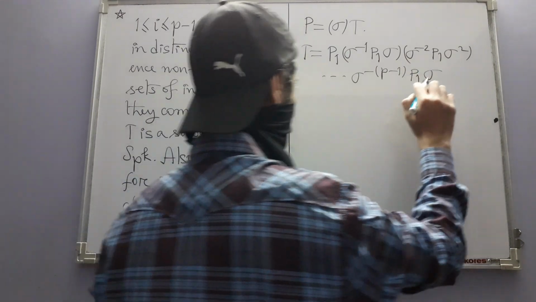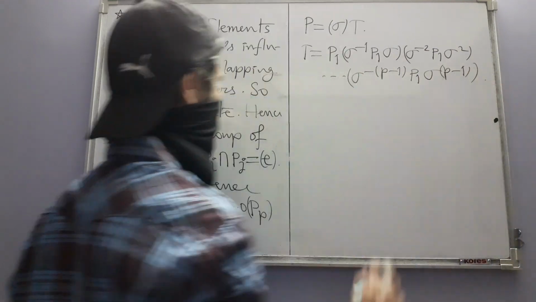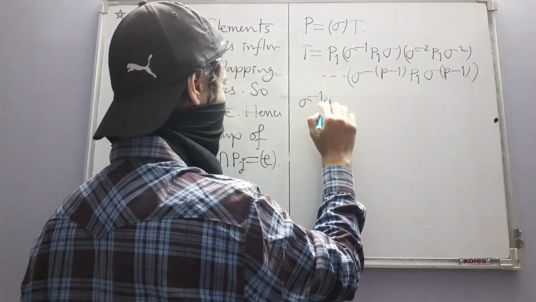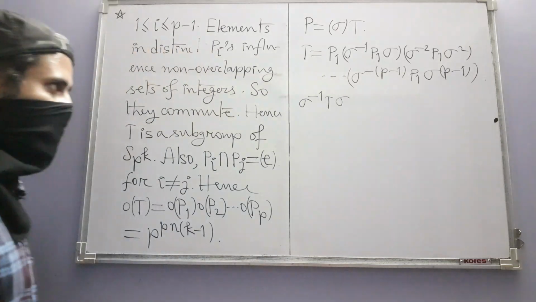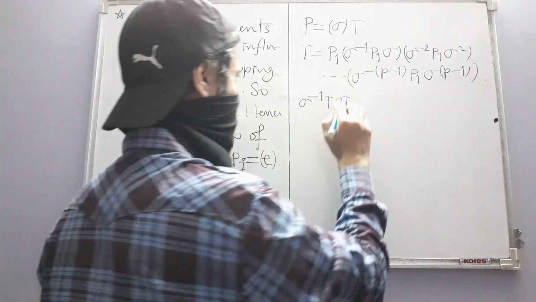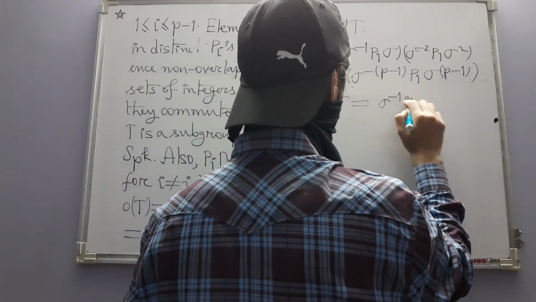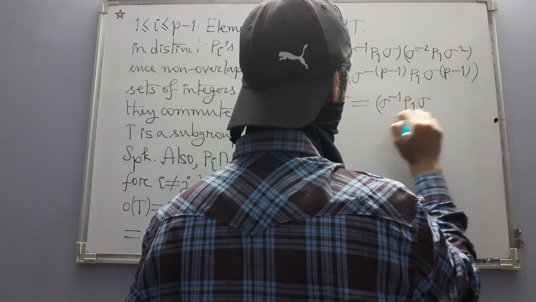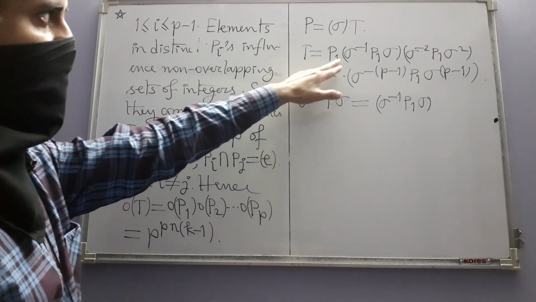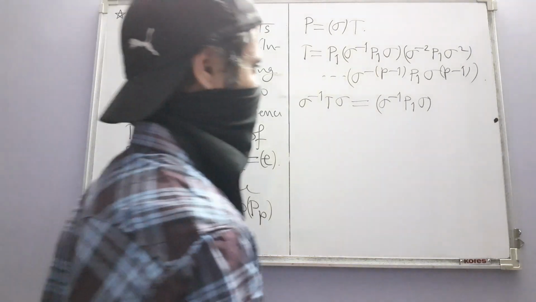We are again writing everything because we are now going to see something carefully. What happens when we form the conjugate of T itself by sigma? Obviously, it can be written like this. That is, each one gets replaced by its conjugate by sigma.